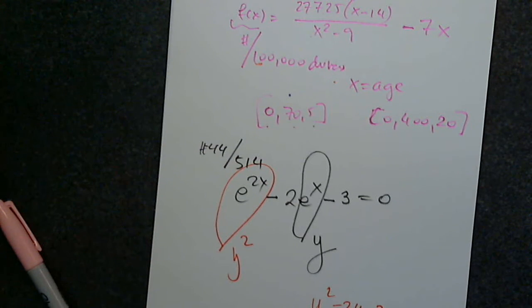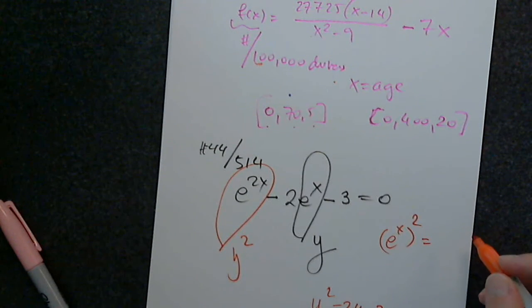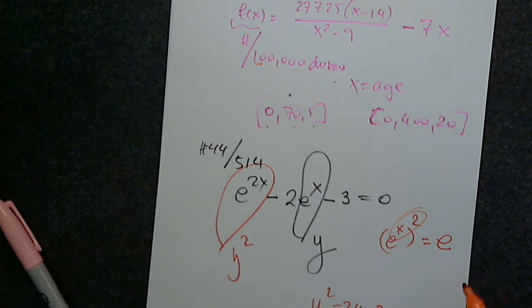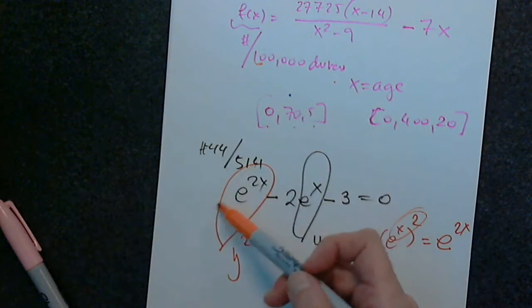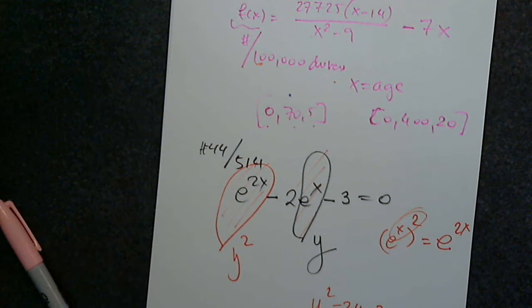I cannot make it happen if it's not there. But is it? So when I square e to the x, what do I get? Copy the base. What happens to these two? Right. So therefore, this is indeed y squared as long as I call this y.